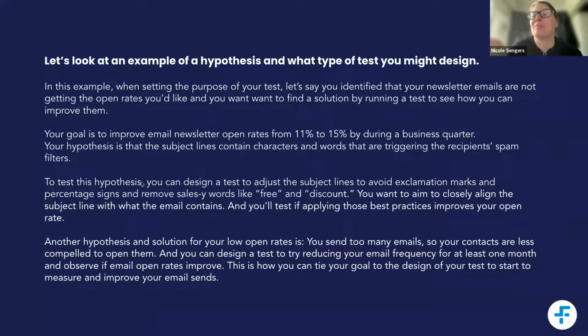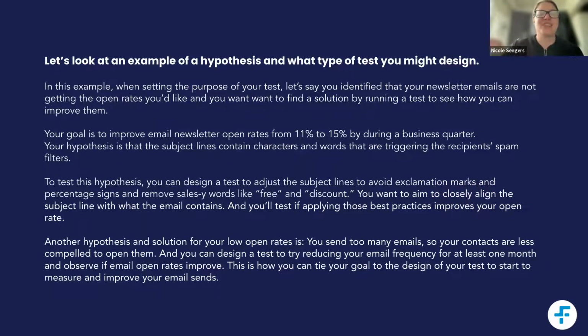So another hypothesis and solution for low open rates is that you send too many emails, so your contacts are less compelled to open them. That's a completely different test around seeing if you send fewer emails. So you design a test to reduce your email frequency for a month and observe if email open rates improve.